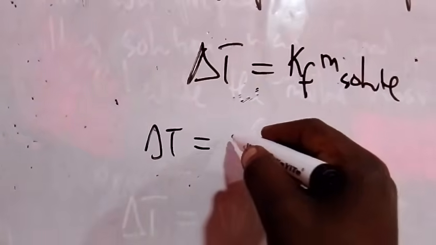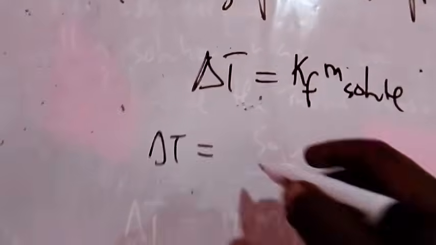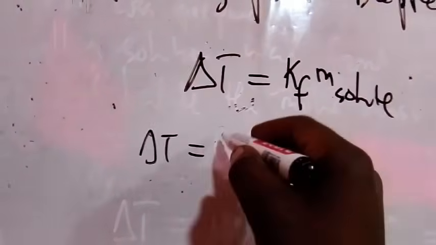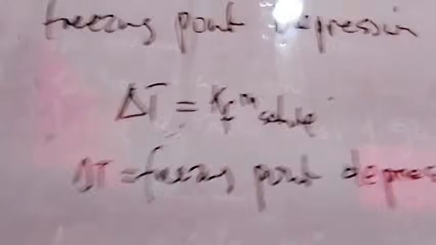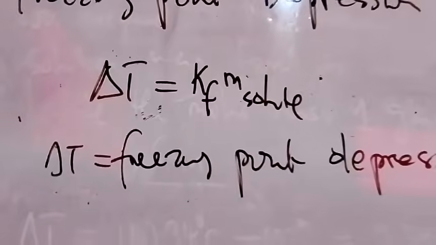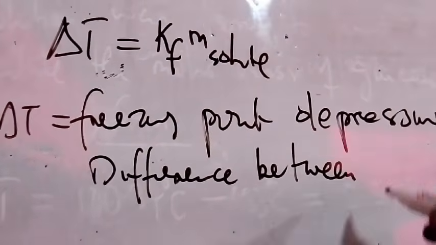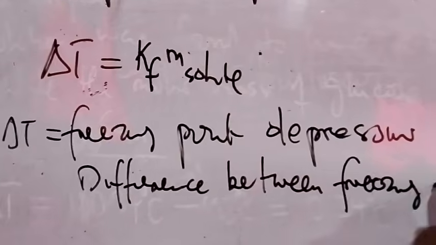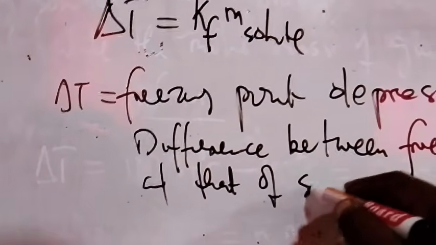Okay, so delta T is the freezing point depression, or the difference between the freezing point of solvent and that of solution.